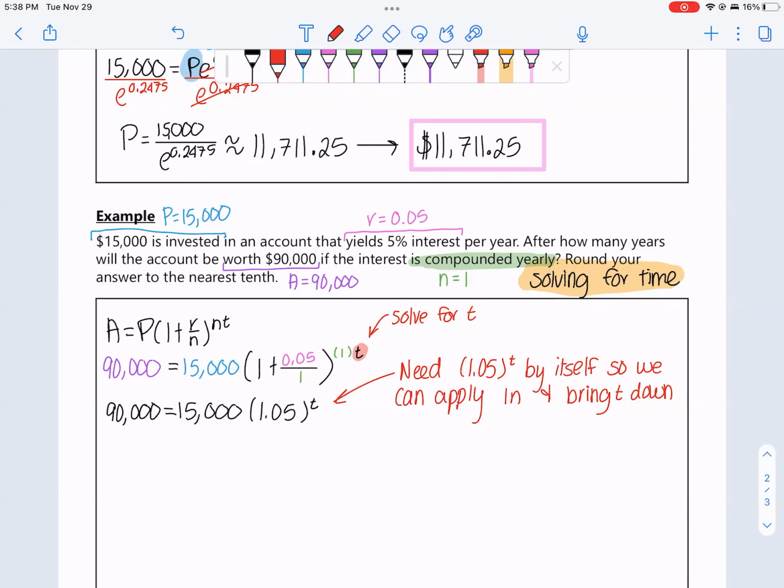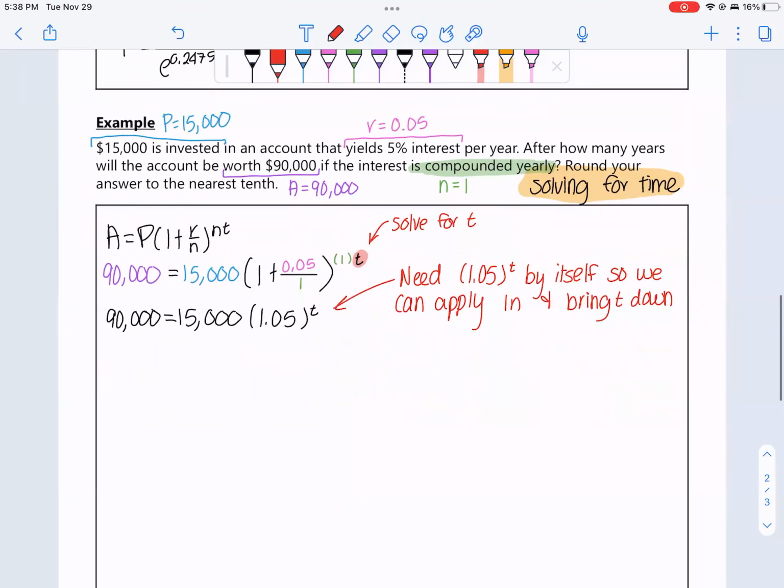We need 1.05^t by itself so we can apply ln and bring the t down. In order to get it by itself, we are dividing both sides by 15,000. 90,000 divided by 15,000 is 6. So we have 6 equals 1.05 raised to the t.